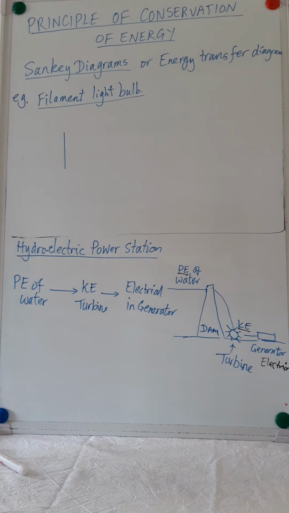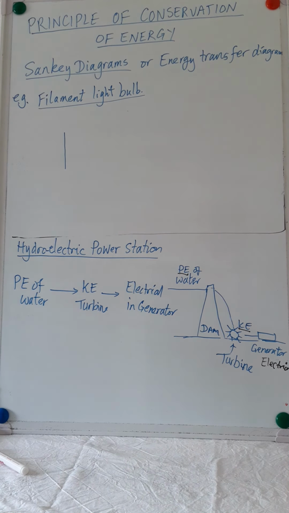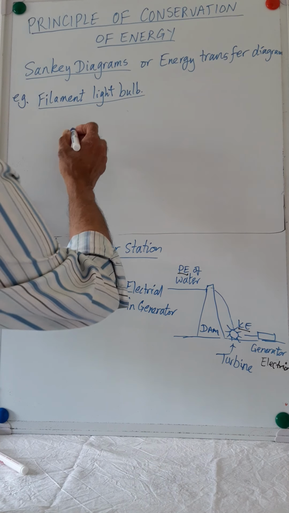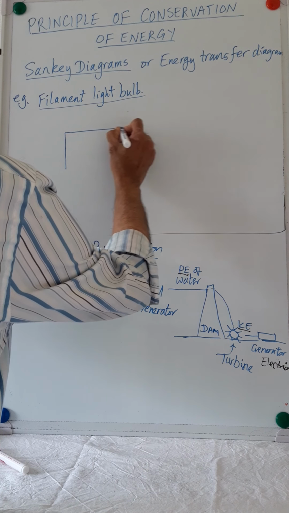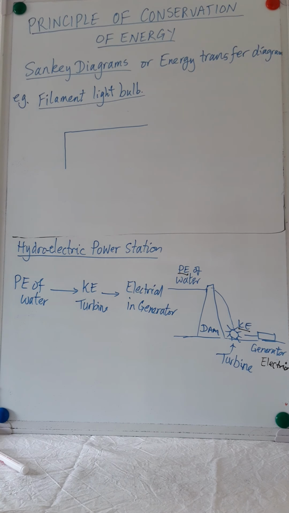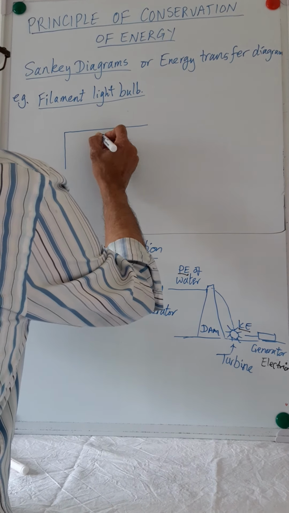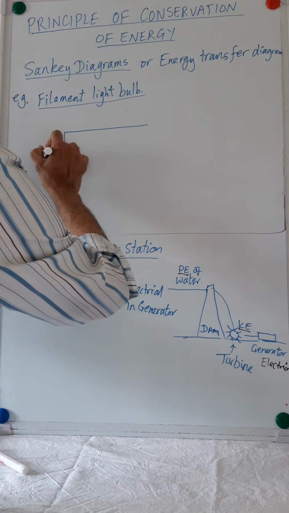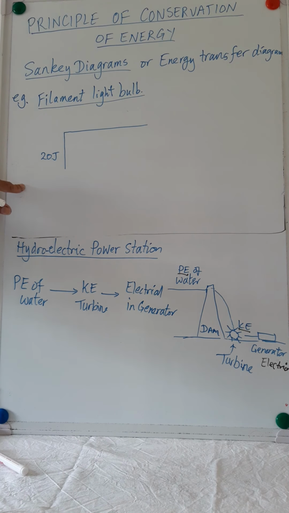The energy is represented by the thickness of the arrow. If this is 20 joules, I can draw this to scale. Say I can draw this 20 centimeters.